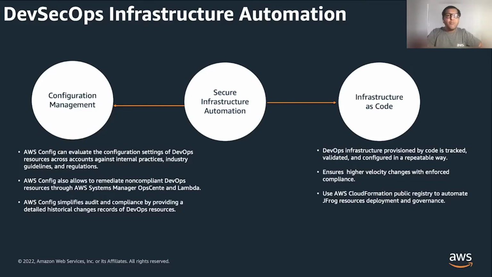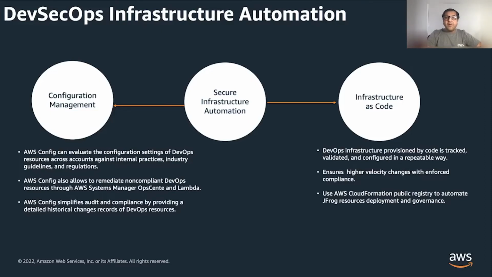DevSecOps infrastructure automations are an important part for the security of our DevOps. For the configuration management, we have the AWS Config service, which provides a detailed view of the configuration of the AWS resources used in our DevOps pipelines.